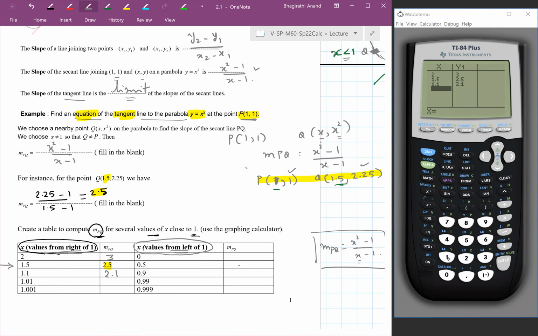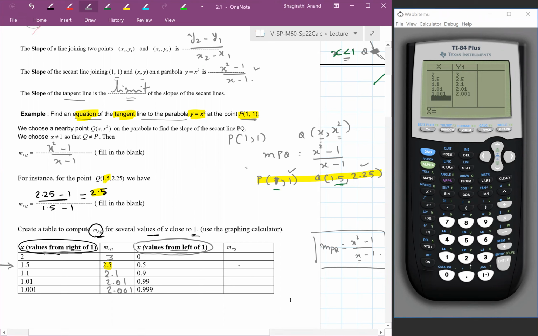Then 1.01, hit enter, that is 2.01. The next one, 1.001, hit enter, 2.001.